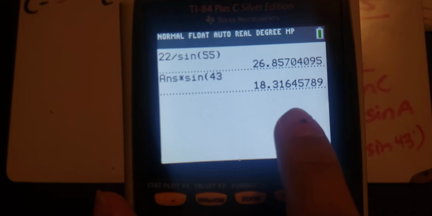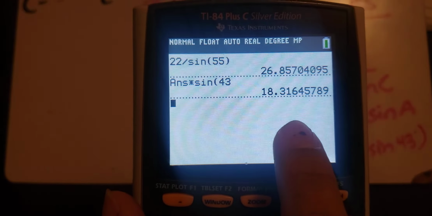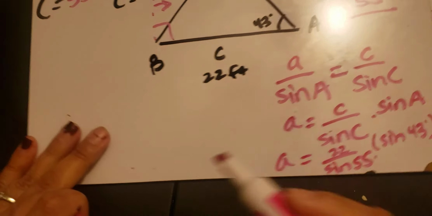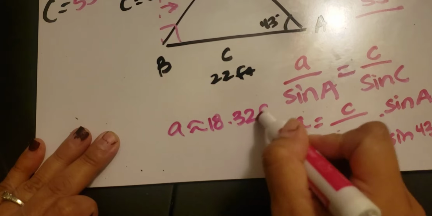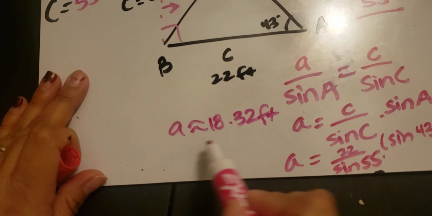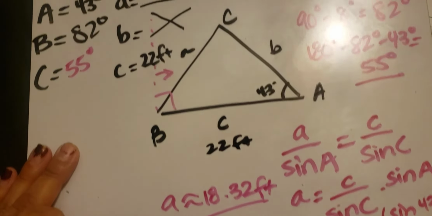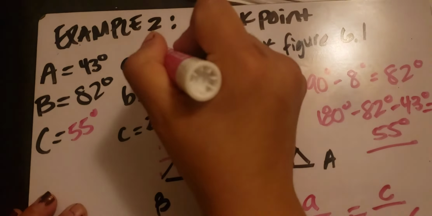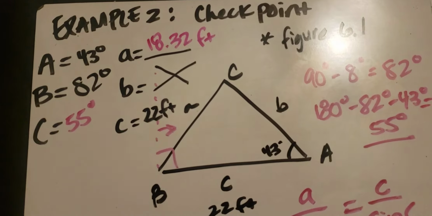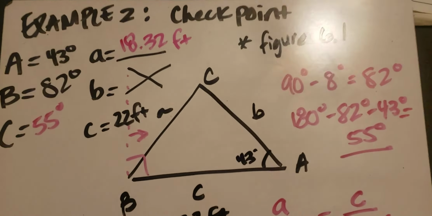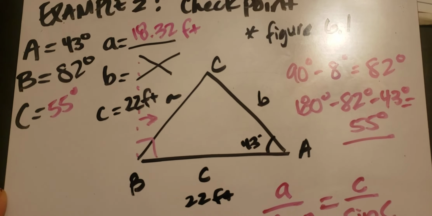That's 18.31, but if I round it, I'm going to go with 18.32. So A is approximately 18.32 feet. What we found there was the height of the pole. So 18.32 feet, and that's example 2 checkpoint.